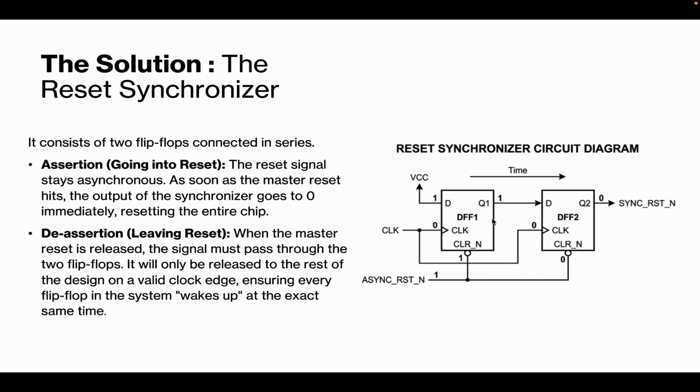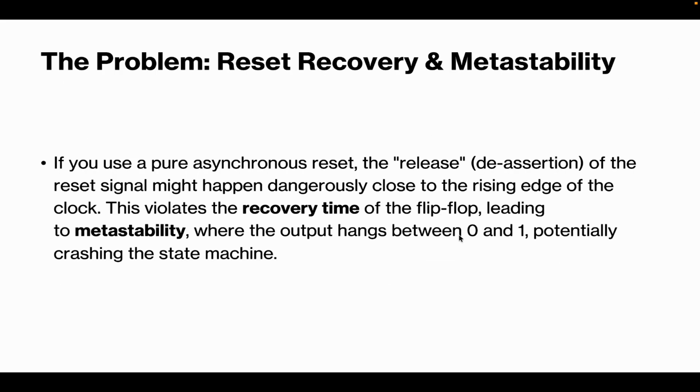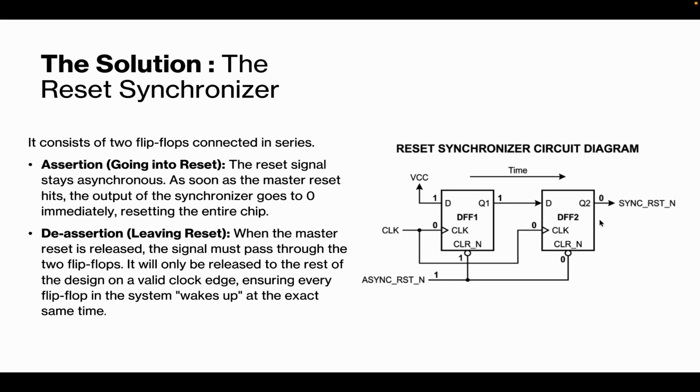When this master flip-flop synchronizer goes to 0, it pushes whatever is in the master flip-flop to the slave flip-flop. So you get only a single synchronous reset. You will not have that metastability where it is shifting from 0 to 1. So your problem of metastability or reset recovery time is reduced because you are giving only one input to the flip-flop.